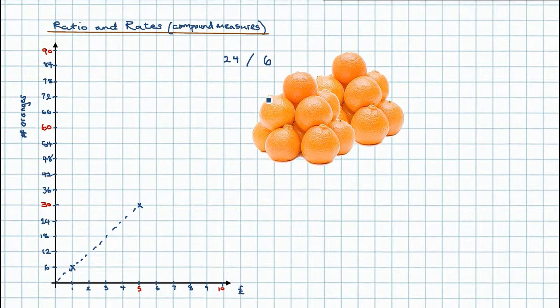What I naturally want to find out if I'm going to buy these oranges is how much does 1 orange cost me? So on my graph here, if I've got 24 oranges at £6, I can mark that on here.